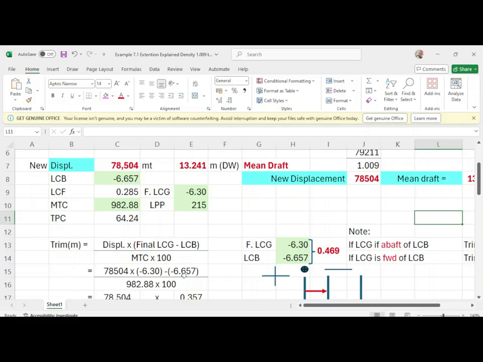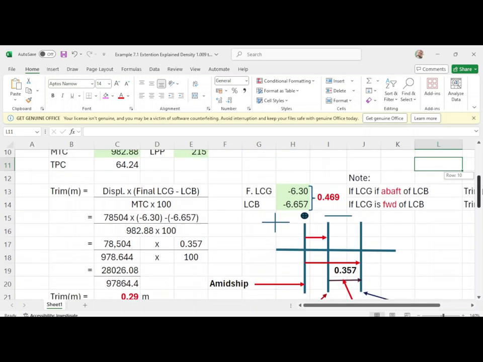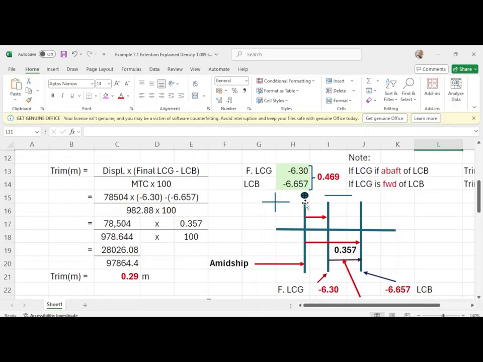When you say negative, it is the forward part of the vessel. This is your amidship. So the LCG and LCB are in the forward part of the vessel. That's why they have the sign of negative. So negative 6.3 is from amidship to this vertical line.